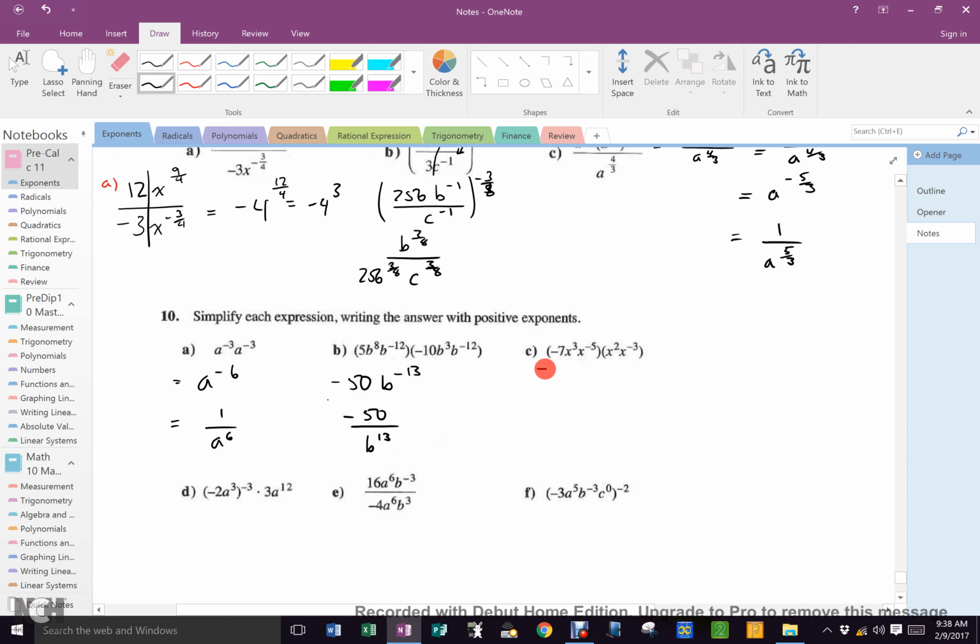And this is negative 7 x to the negative 2 times x to the negative 1, which is negative 7x to the negative 3, which is negative 7 over x to the third.